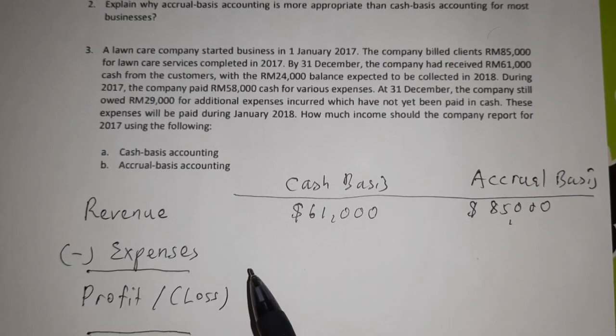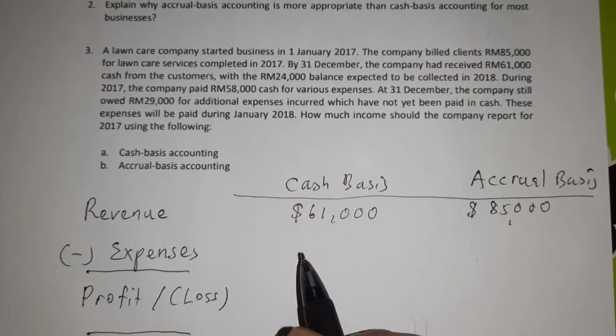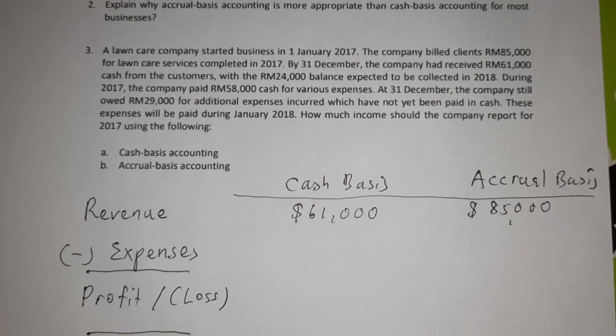Now for expenses, remember this. Under cash basis accounting, expenses are cash paid by the business to other parties. But under accrual basis accounting, the amount of expenses is related to the expenses that happen during the year.